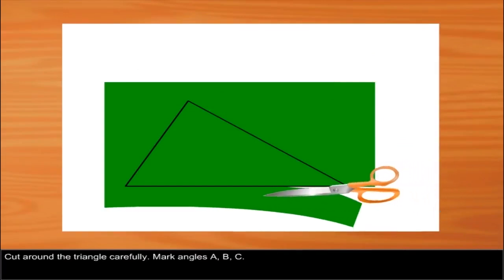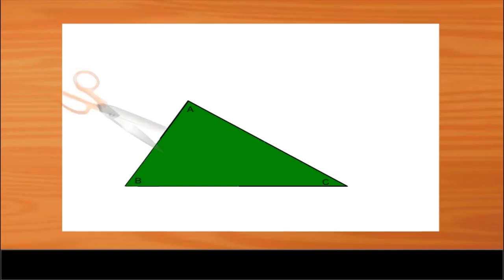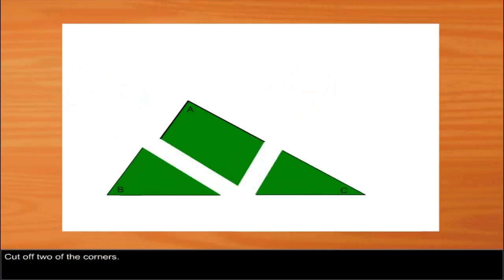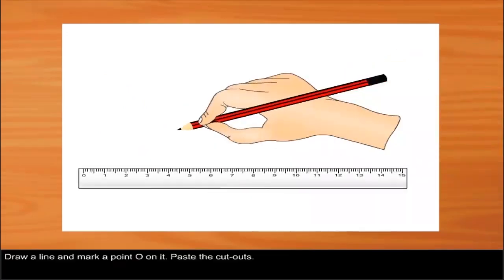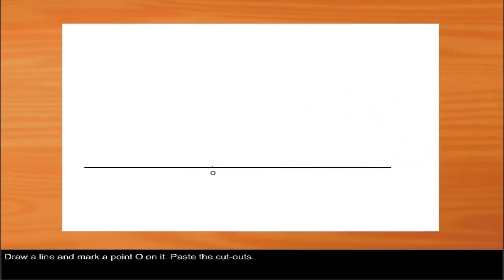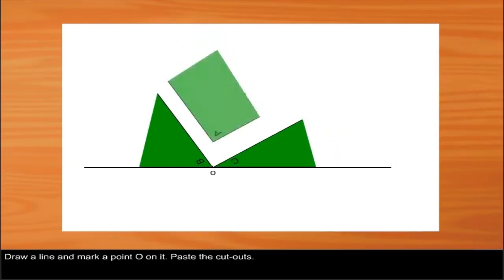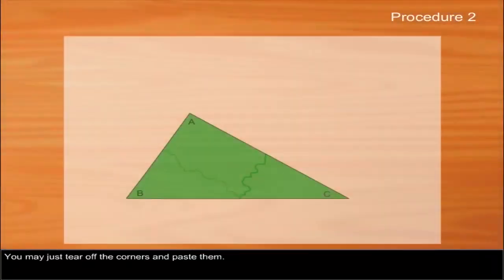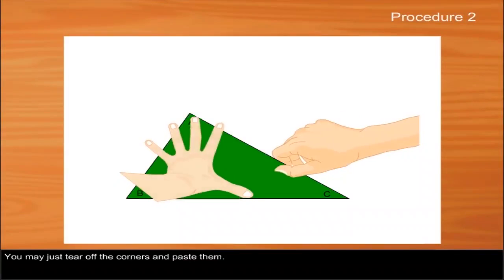Mark angles A, B, C. Cut off 2 of the corners. Draw a line and mark a point O on it. Paste the cutouts. Procedure 2. You may just tear off the corners and paste them.